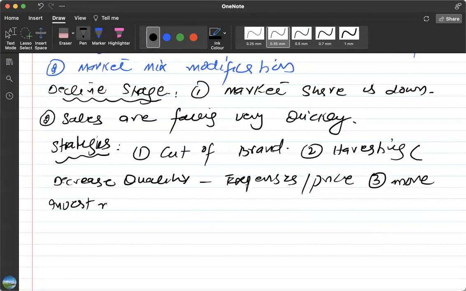More investment to improve the situation of the product, but it's very rare.